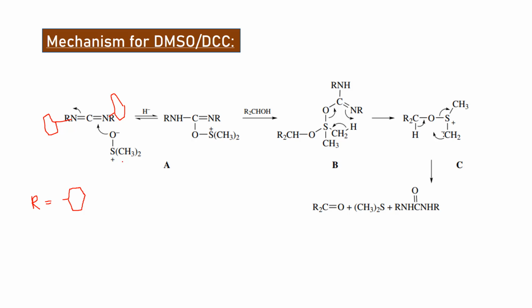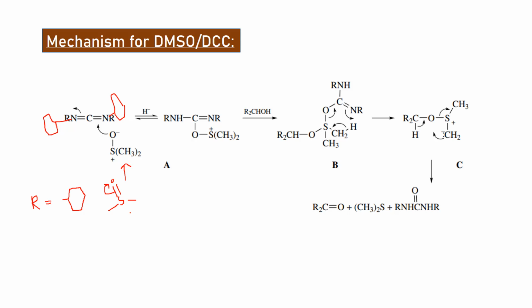Now, if you are adding DMSO to it, the DMSO, dimethyl sulfoxide, structure can stay in this way also, where oxygen takes the lone pair, so the sulfur will be positively charged and oxygen will be negative.